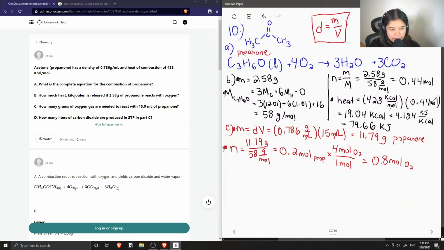And finally, we can calculate the mass of O2 by multiplying these number of moles by O2's molar mass. So 0.8 moles of O2, and the molar mass of O2 is 32 grams per mole.